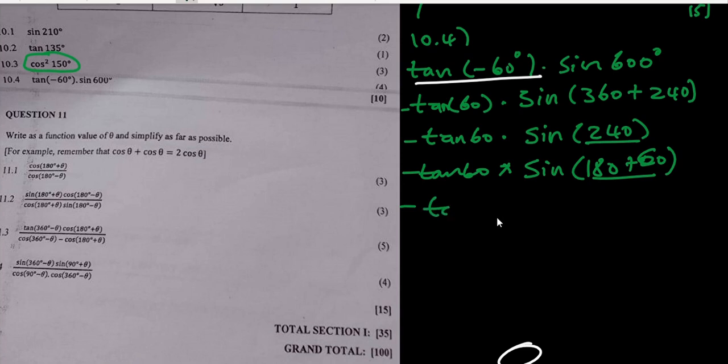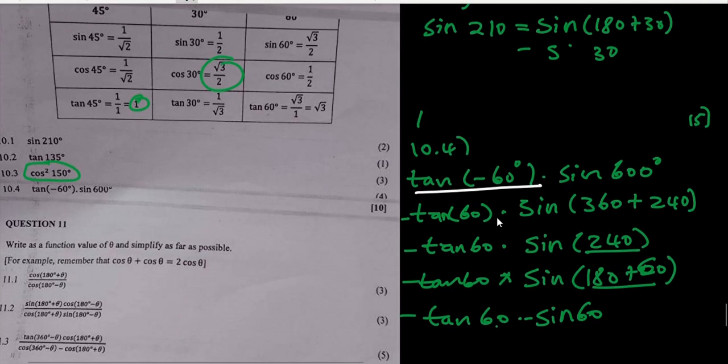So I didn't change anything. So this is going to take me to quadrant number 3. On quadrant number 3, sine is negative. So I'm gonna be left with 60. So according to this there, tan 60 is equal to root 3, and I put the negative there.